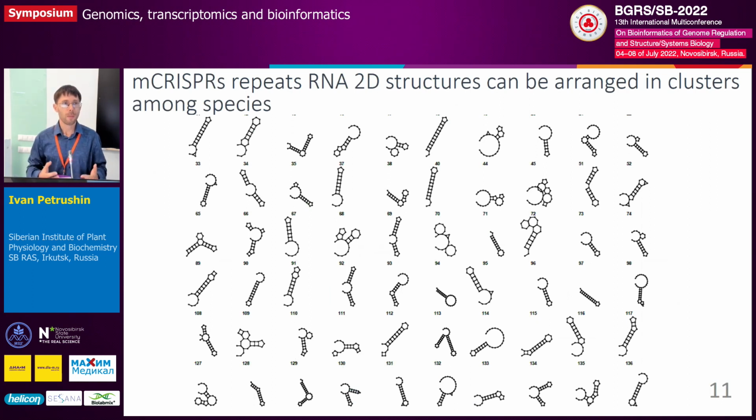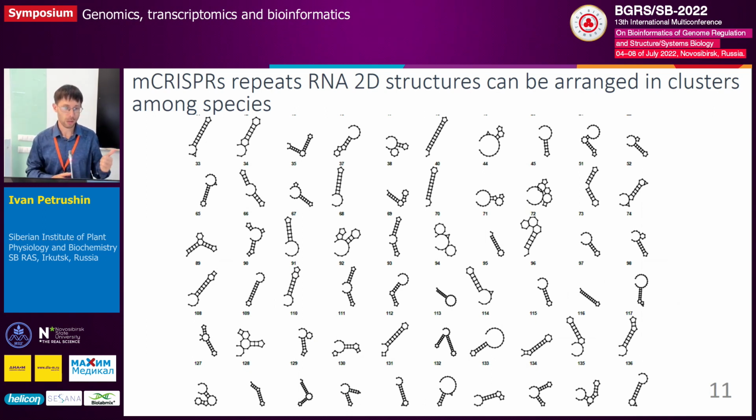The CRISPR direct repeats have a secondary structure called a hairpin. We built this secondary structure for our sequences of the direct repeats, and you can see that part of them are pretty much the same as the bacterial ones.